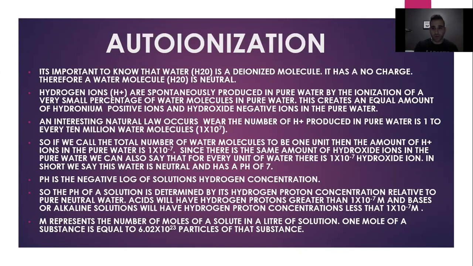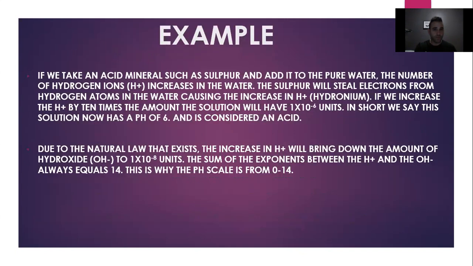So just to recap here, moles per liter is what that 1 times 10 to the negative 7 is representing, okay? Example. If we take an acid mineral, such as sulfur, and add it to pure water, the number of hydrogen ions, H plus, hydronium, H3O, increases in the water.